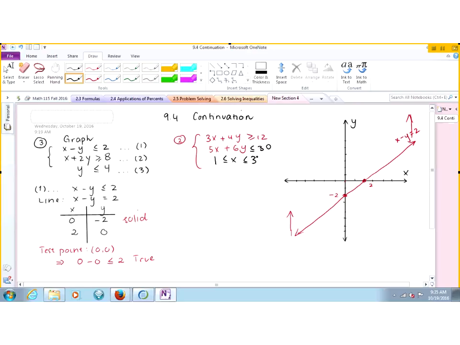So x is greater than or equal to 1, and x is less than or equal to 3. You could actually say 1 is less than or equal to x, and x is less than or equal to 3. That's what it says: x is in between 1 and 3.